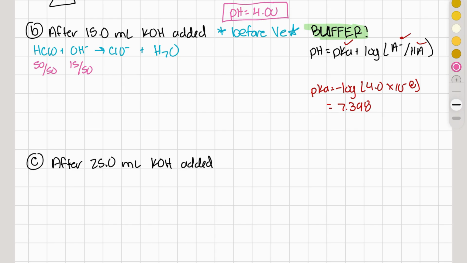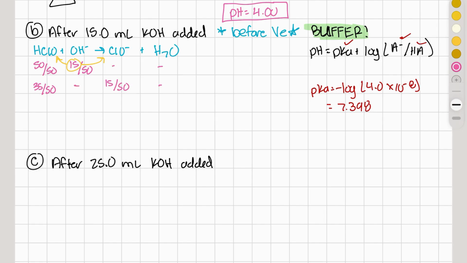I'm doing 15 out of 50 because 50 is that equivalence point. So when we add this, 15 is going to react with this HClO. So now we have 35 out of 50 remaining with that HClO. And this is also going to get turned into some of that ClO minus. So we have 15 out of 50 there.